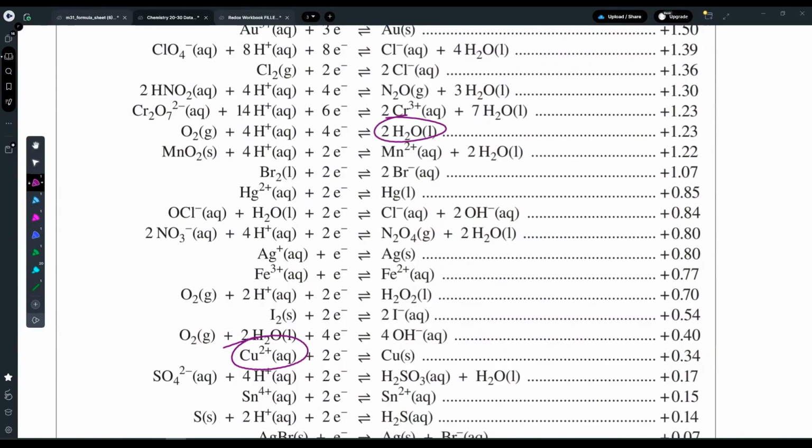So it looks like right there is going to be my SRA. Okay, so for my SOA, I'm going to write this reaction from left to right. And then for my SRA reaction, I'm going to write this from right to left.